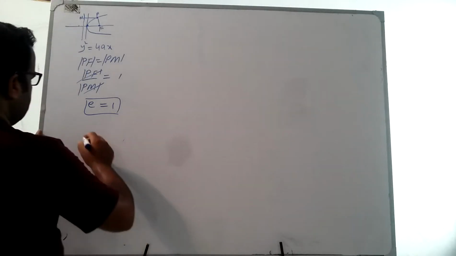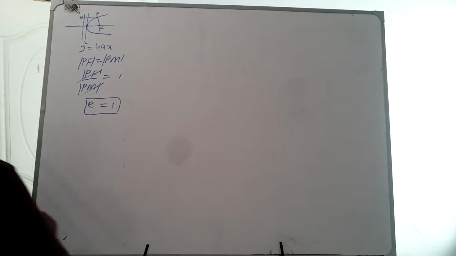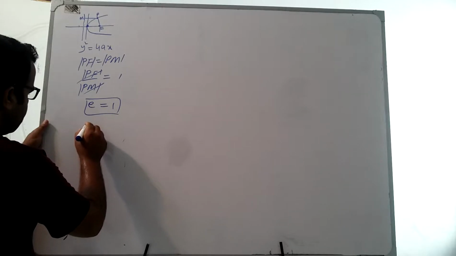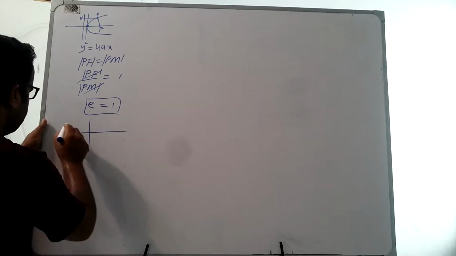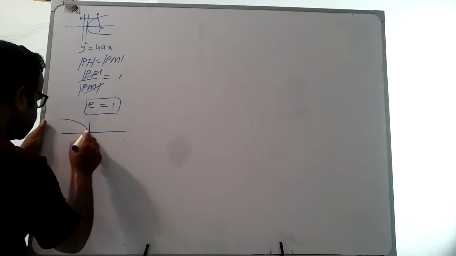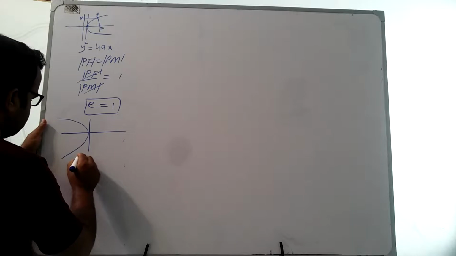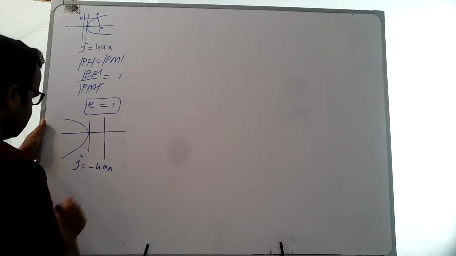So now move to other figures. Just like this one, if it is opening on this side, then the equation is y square is equal to minus 4ax, and this is the directrix line.